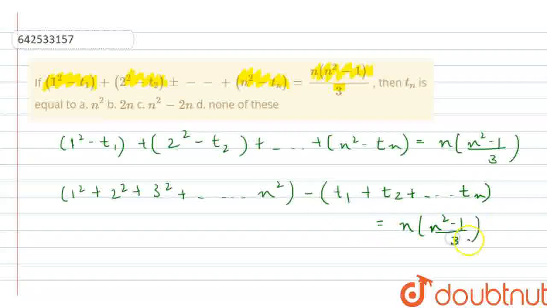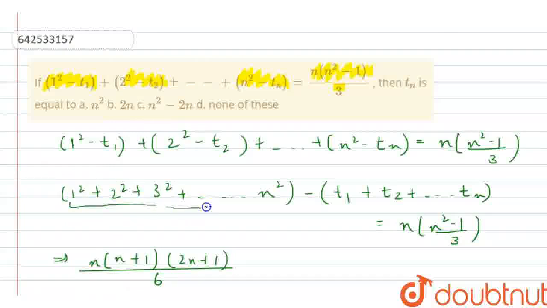Okay, now we know the sum of the squares of the numbers, that is 1 square plus 2 square plus 3 square, and this proceeds up to n square. The formula for the sum is equal to n into n plus 1 into 2n plus 1 upon 6. So this is the formula for this series.